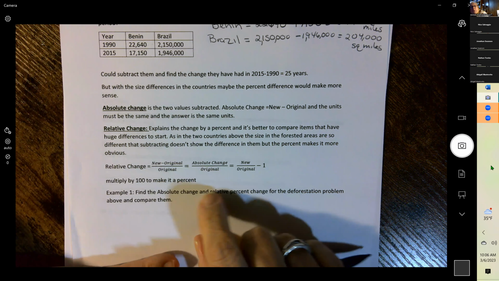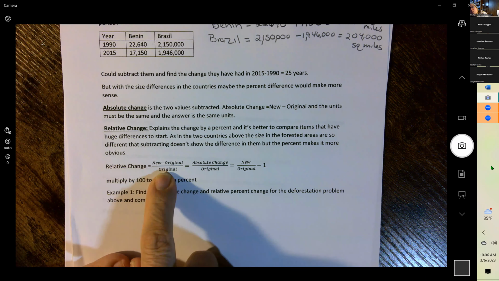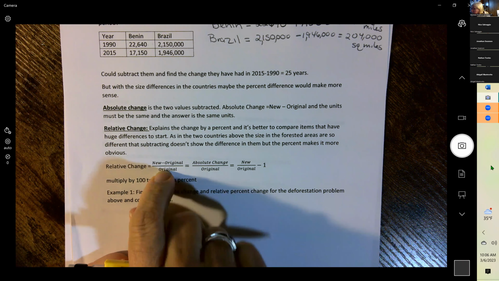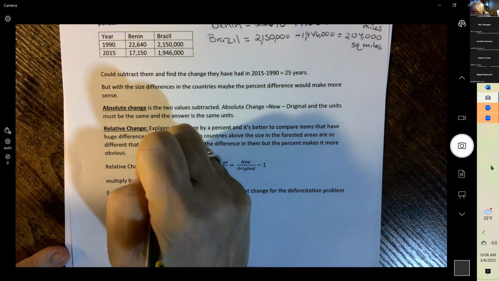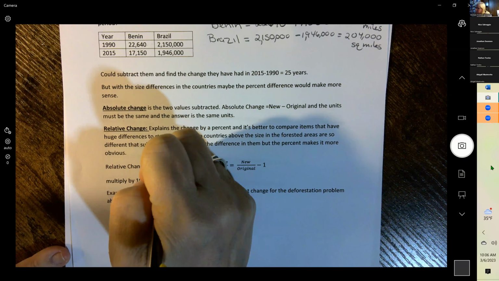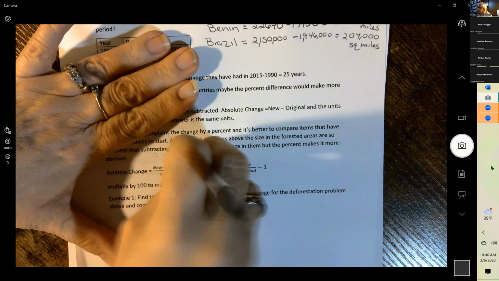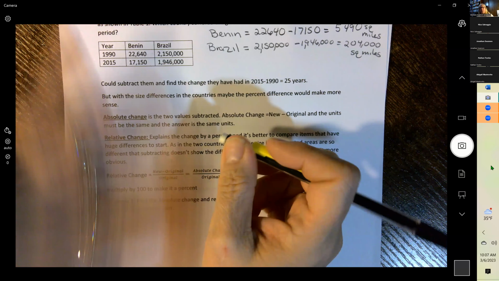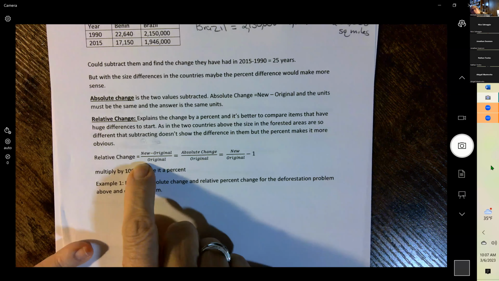I like using words whenever possible, because then you remember what they stood for. I think they use Q for quantity: Q sub 1 minus Q sub 0 over Q sub 0. Another book will use different variables, but it's just new minus original.